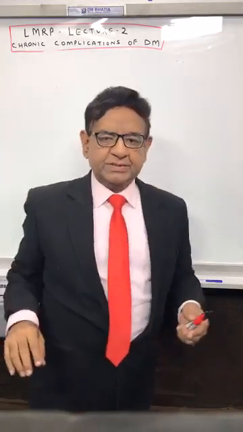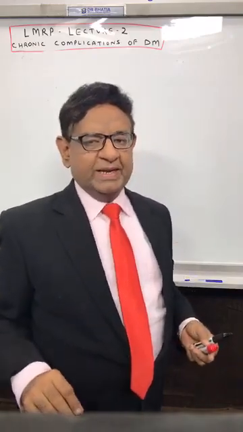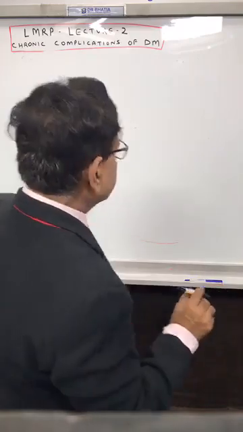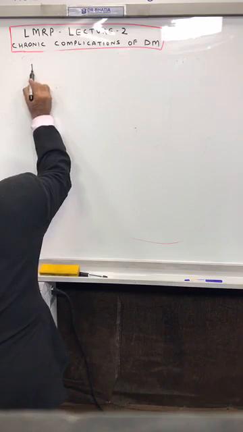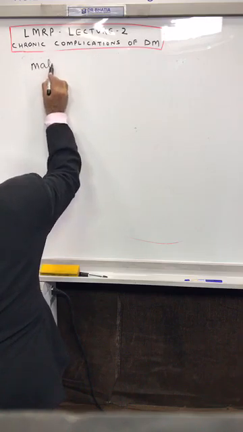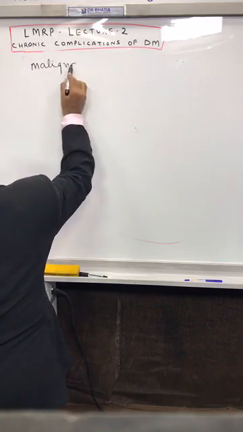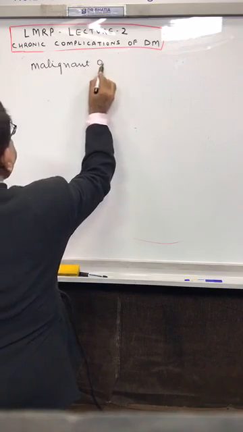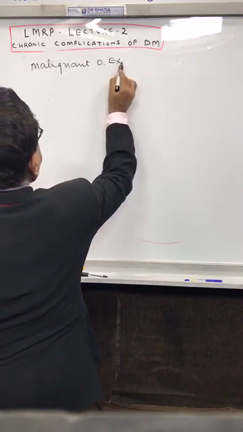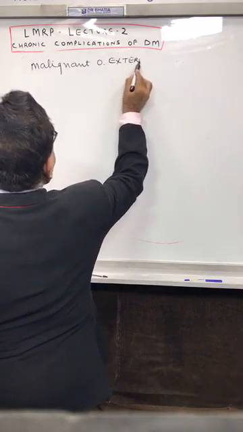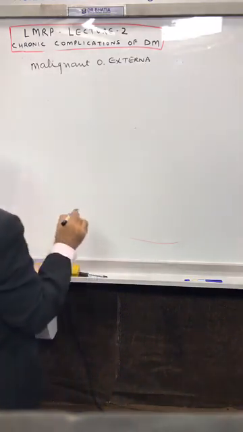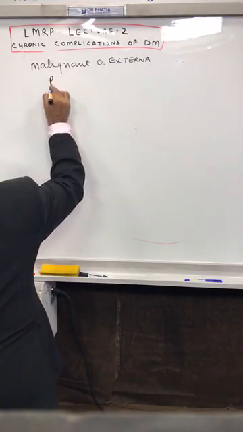Then we have certain special problems that a diabetic patient can have. One is malignant otitis externa. It is caused by Pseudomonas infection.